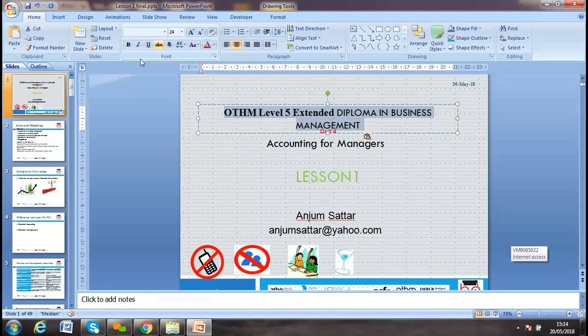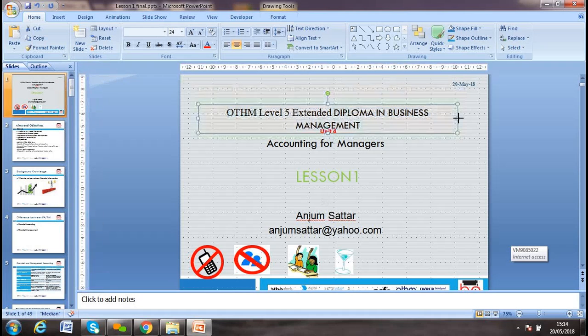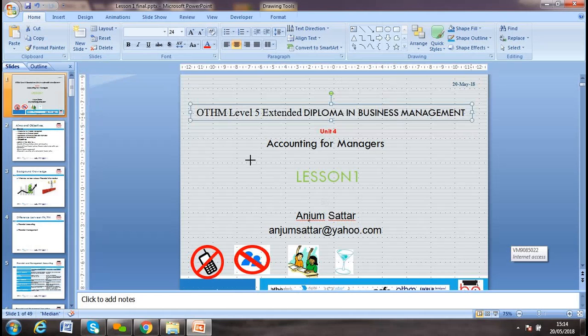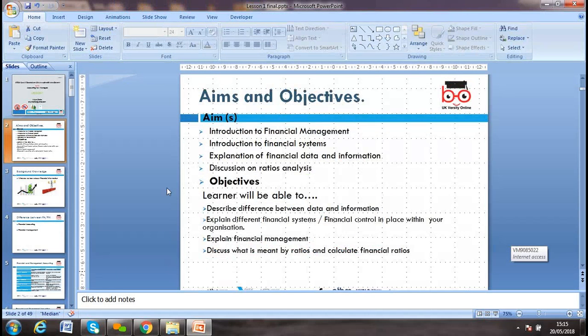So financial accounting is external information, and management accounting is more internal, from a management perspective. Today's lesson will discuss the difference between them. Today's lesson is an introduction to financial management.